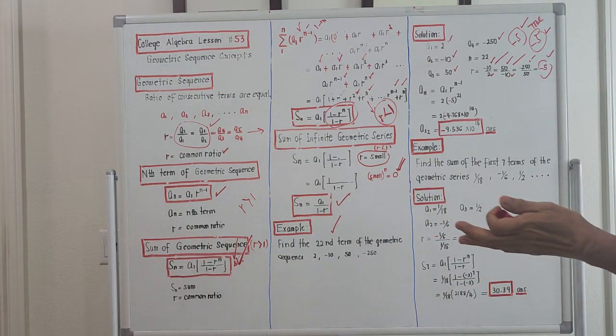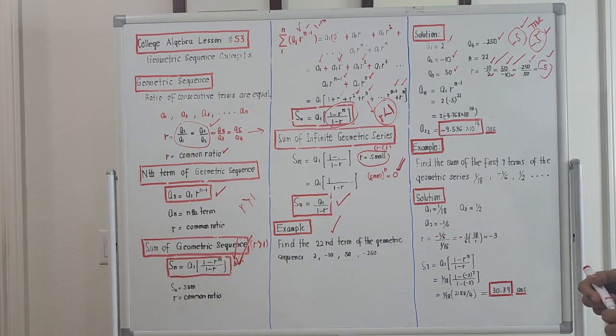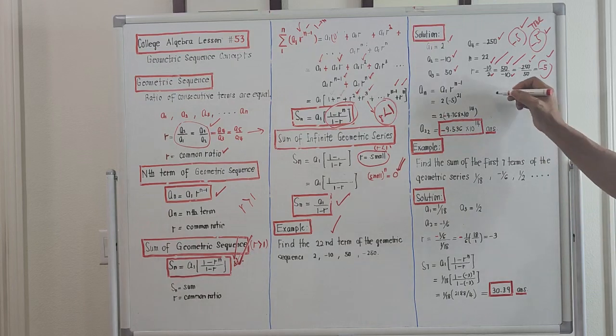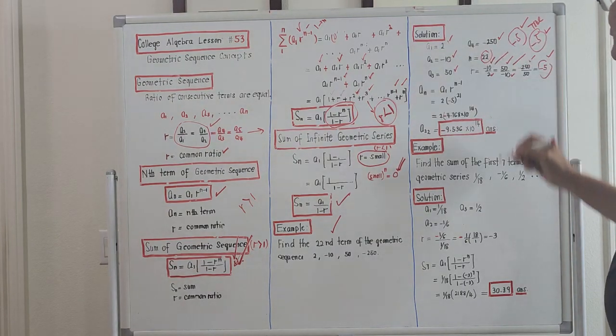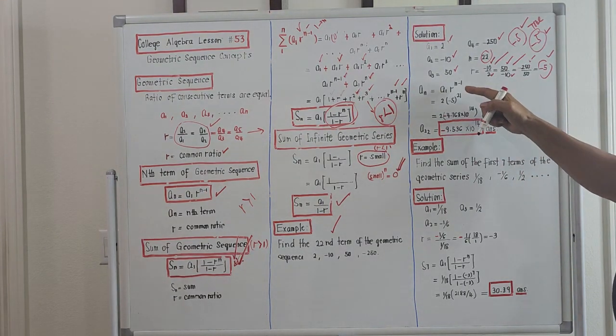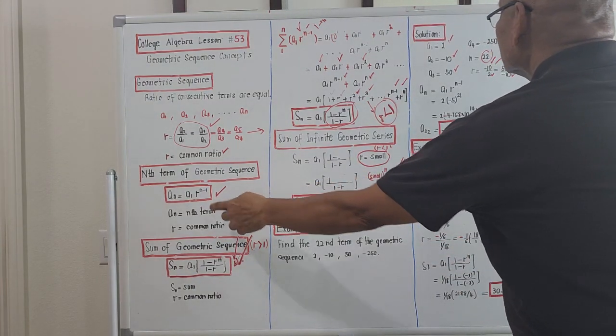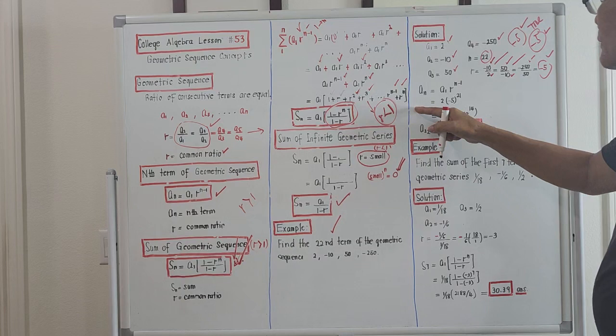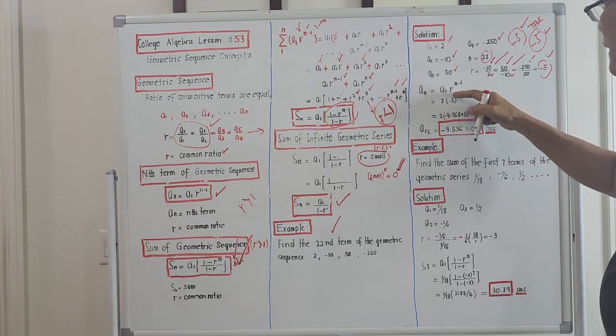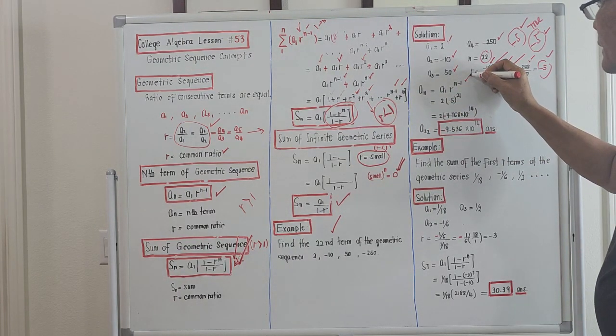Okay? And the problem is only asking for the 22nd term. So n here should be equal to 22. What formula will we be using? It will be formula number 1. That is, a sub n will be equal to a sub 1 times r raised to n minus 1.